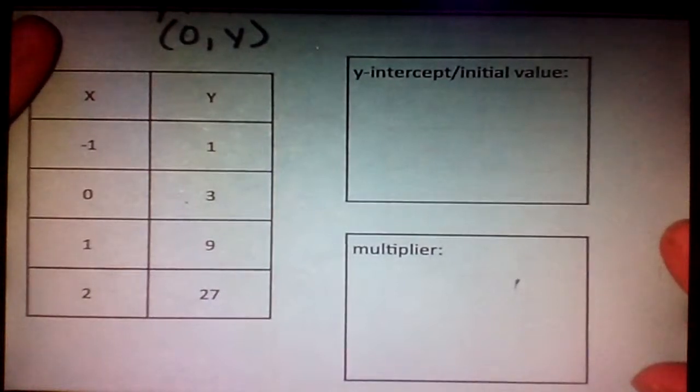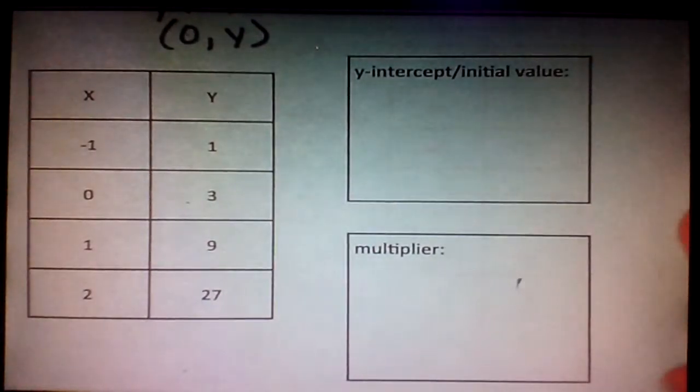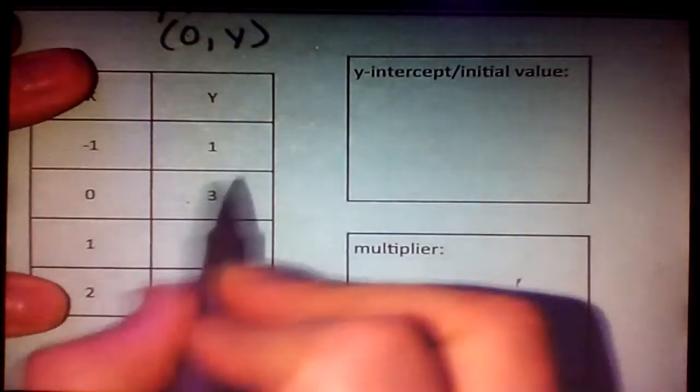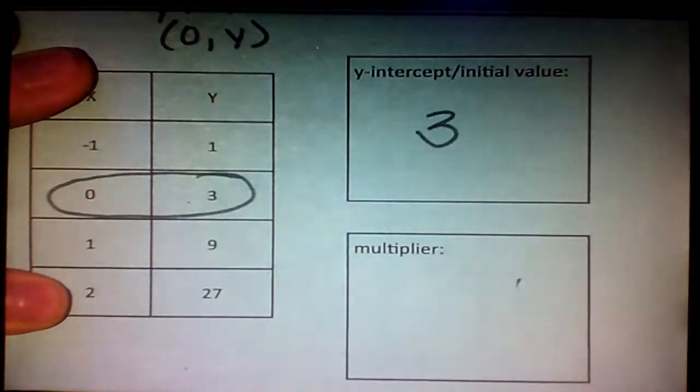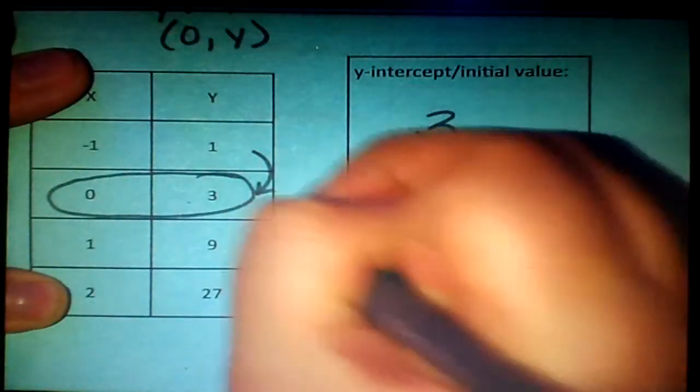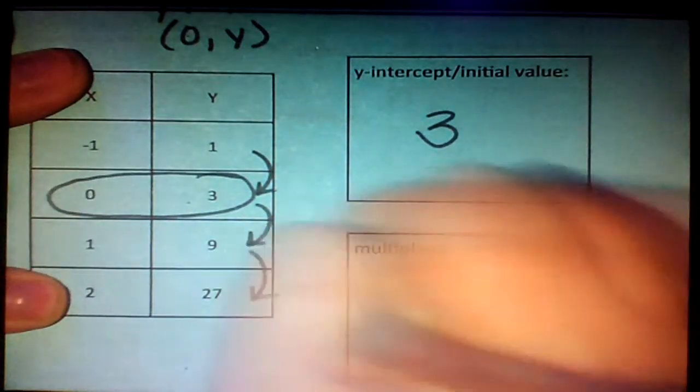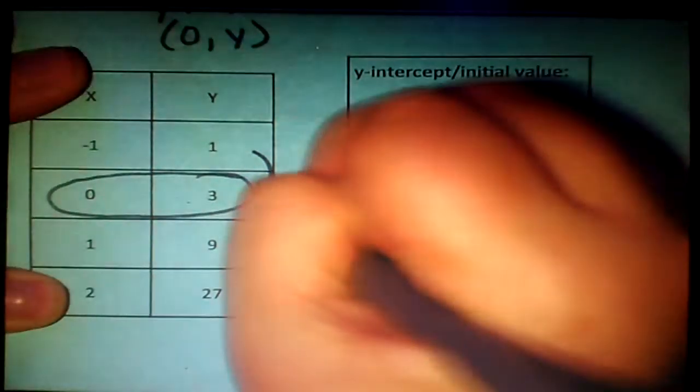Let's take a look at this first example. What is my initial value here? 3. My initial value is this. What is my multiplier? What am I multiplying by each time? Times 3.